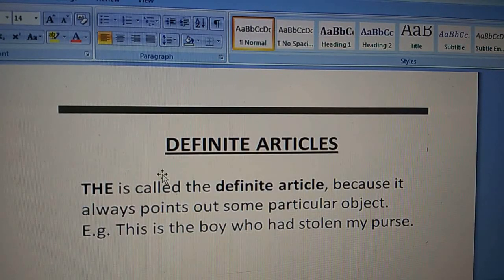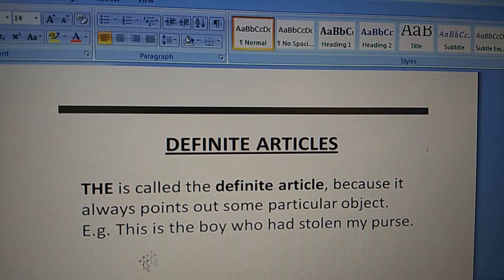Now let's see what are definite articles. The is called the definite article. Why so? Because it always points out some particular object.